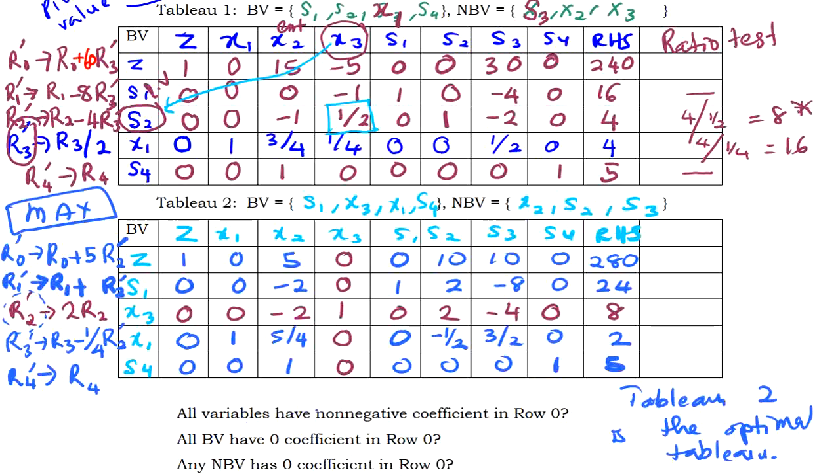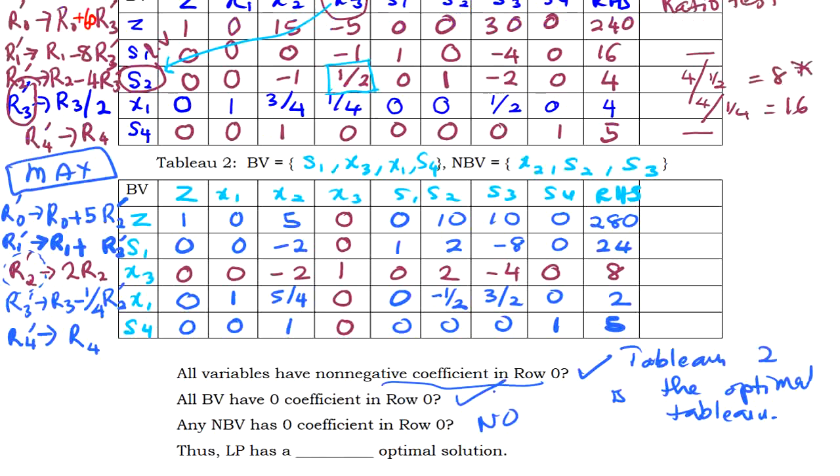All variables have non-negative coefficient in row 0? Yes, right. All BV have 0 coefficient in row 0? Yes. Any NBV has 0 coefficient in row 0? No. Therefore, this LP has a unique optimal solution.